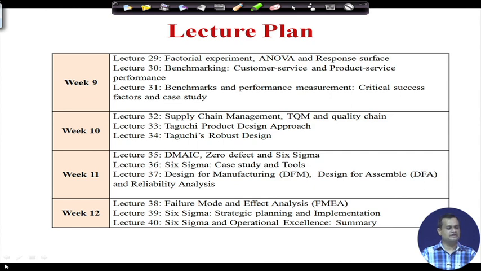Lecture 37, Design for Manufacturing, Design for Assembly and Reliability Analysis. And finally, in week 12, you will have lecture 38, that is FMEA, Failure Mode and Effect Analysis. Lecture 39, Six Sigma, Strategic Planning and Implementation. Lecture 40, Six Sigma and Operational Excellence Summary.